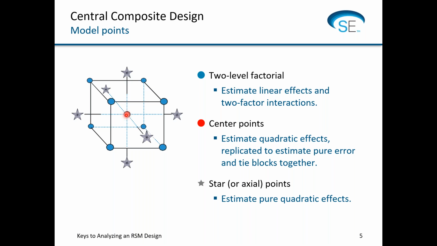And they also help, in this case, tie the blocks together, since we have a few center points in the first block and a few more in the second block. Then the center points, along with these axial or star points, provide enough information so that we can estimate the pure quadratic effects.